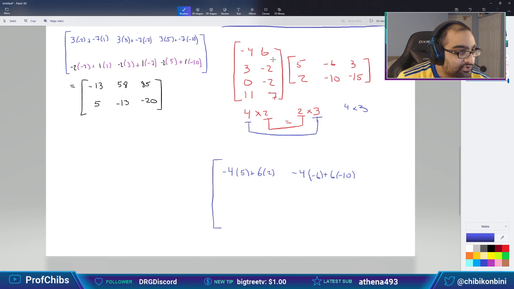And then the first row, third column: negative 4 times 3 plus 6 times negative 15. So that's the first row: first row, first column, first row, second column, first row, third column.